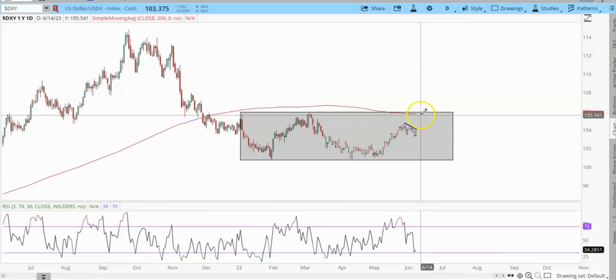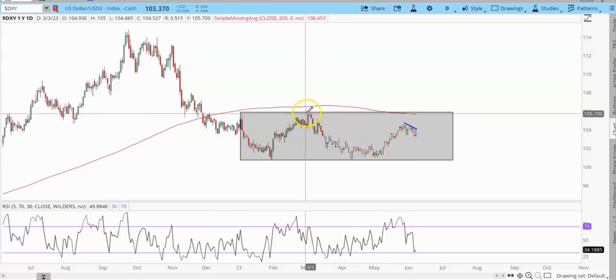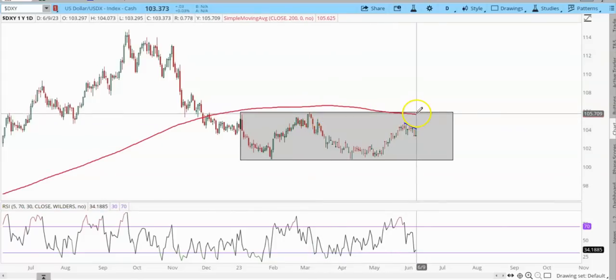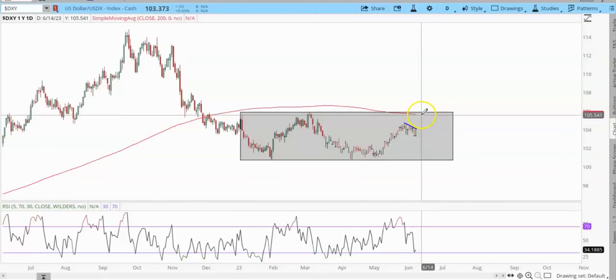Now, I don't think the rally is going to get very far. I think it will left translate. My guess is it'll probably come up and test the upper part of this box. Maybe we get a kiss goodbye, so to speak, of this 200-day moving average.